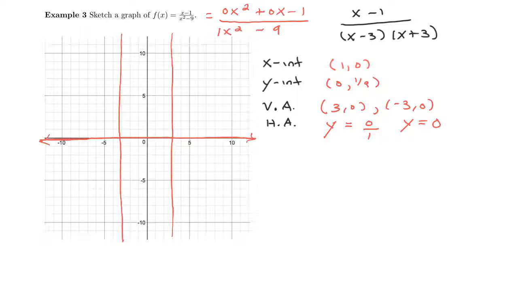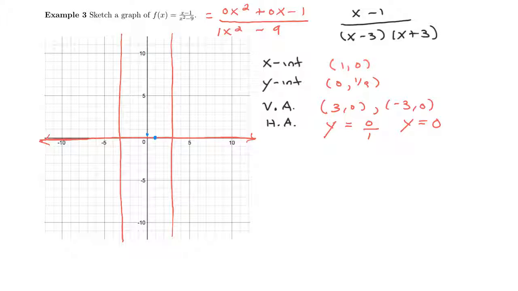1/9, so that's where it crosses over the y-axis, and then (1, 0) is where it crosses over the x-axis. And note that the x-intercept actually is on the horizontal asymptote, so this thing actually does cross the horizontal asymptote.